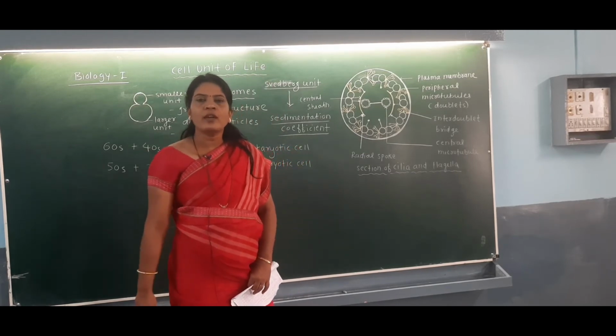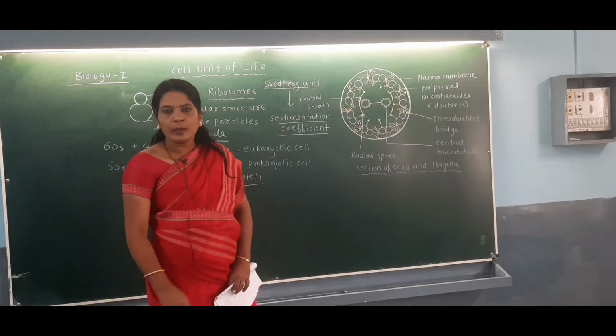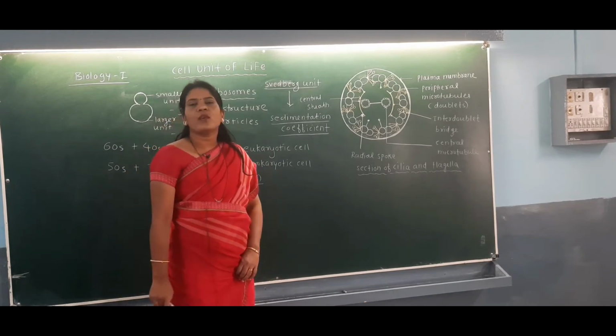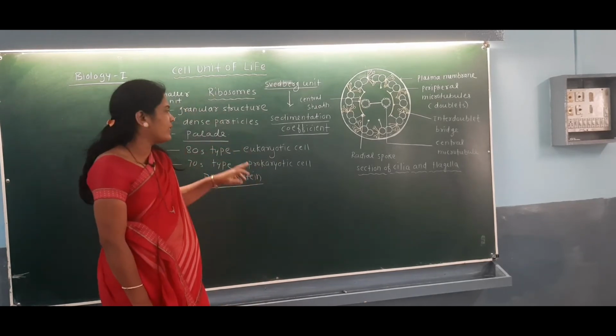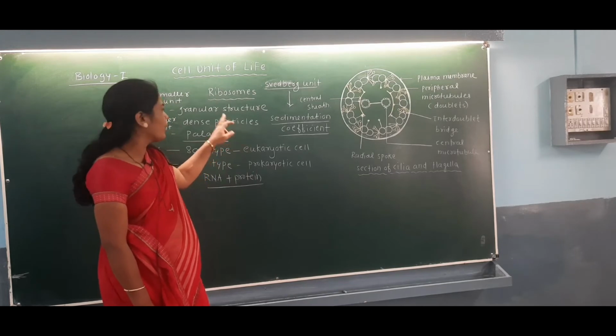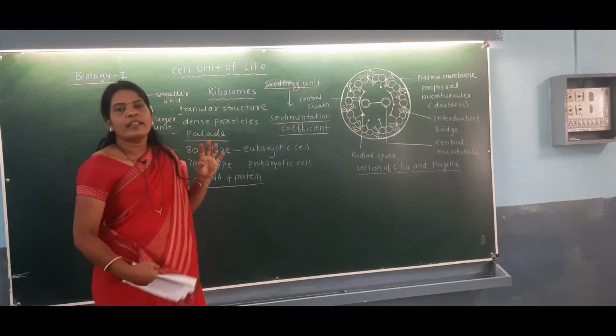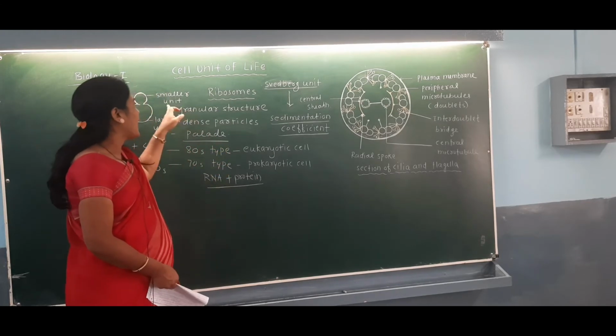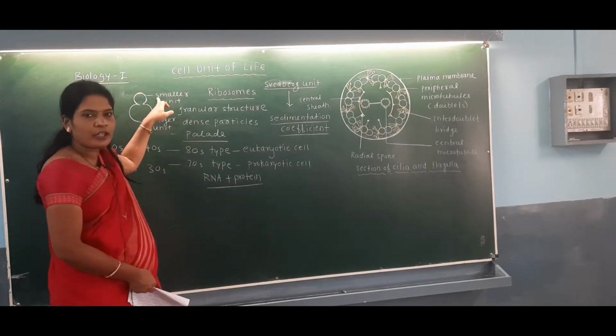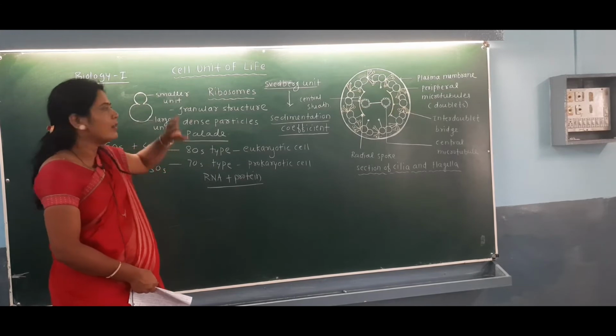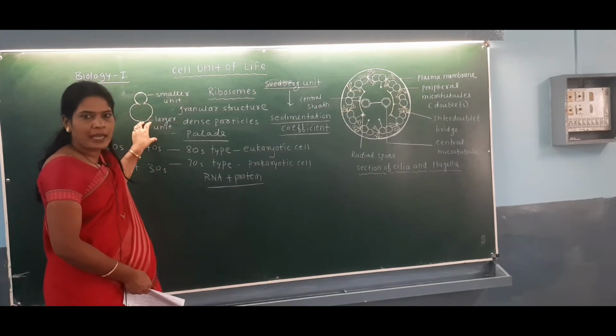So what is important about the ribosome from the NEET point of view? Ribosomes were first discovered by the scientist Palade. They have two units, one called the larger unit and the other the smaller unit. So every ribosome has two units, a smaller unit and a larger unit.